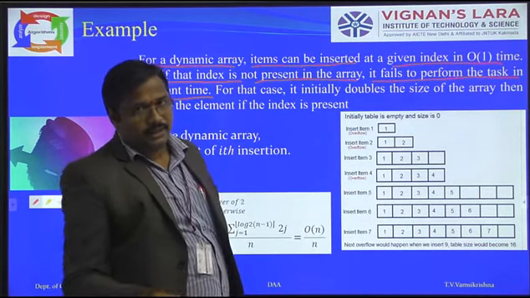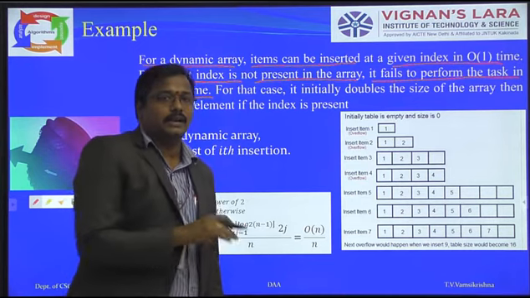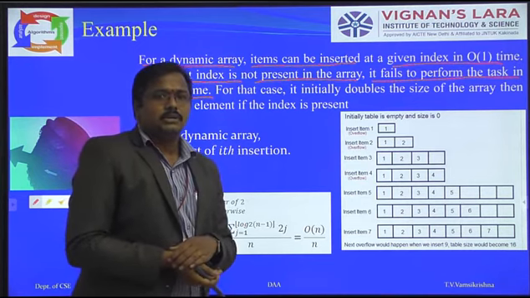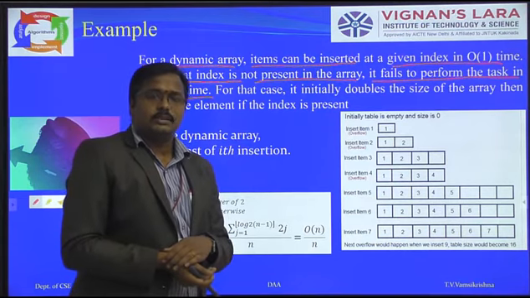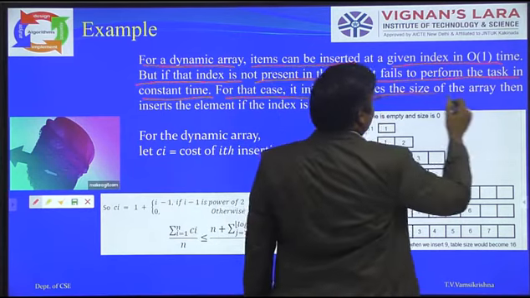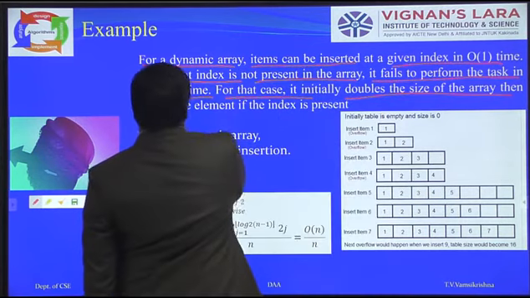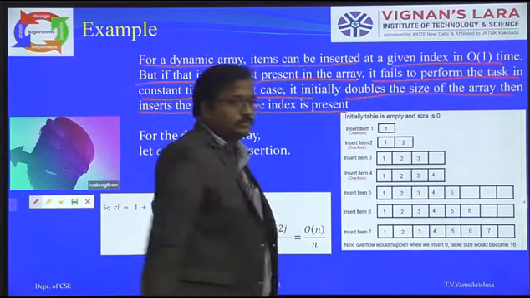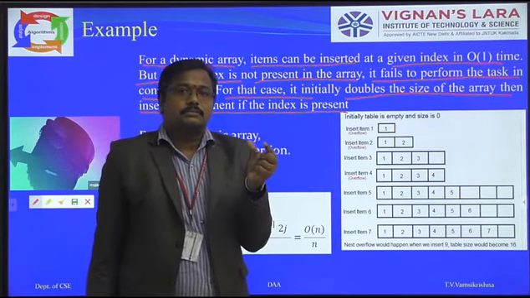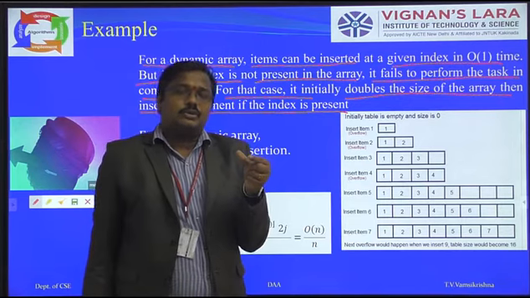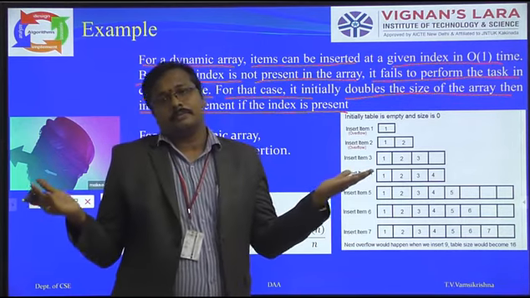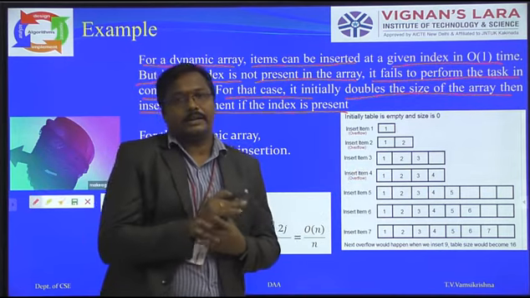Suppose an element is given but there is no valid index. At that time an array bounds exception, one kind of segmentation fault, may occur. So for this case, the solution suggested is that the array size should be doubled and then we insert the element.